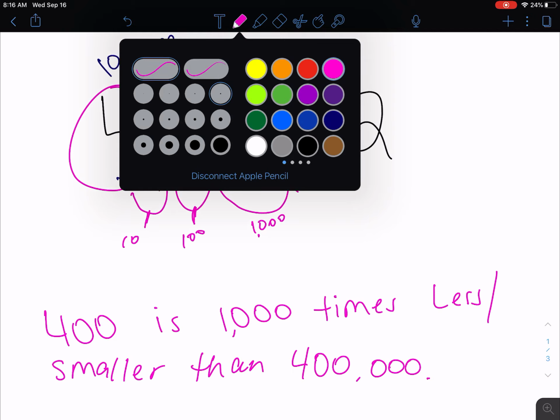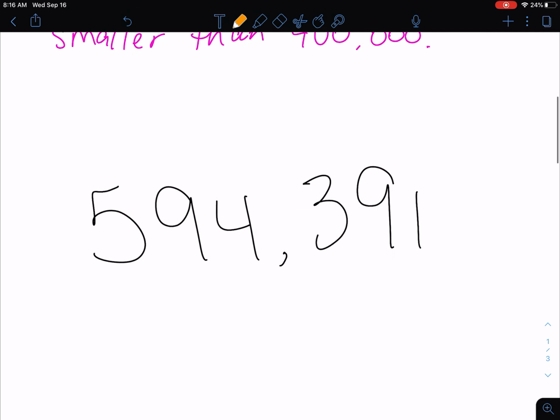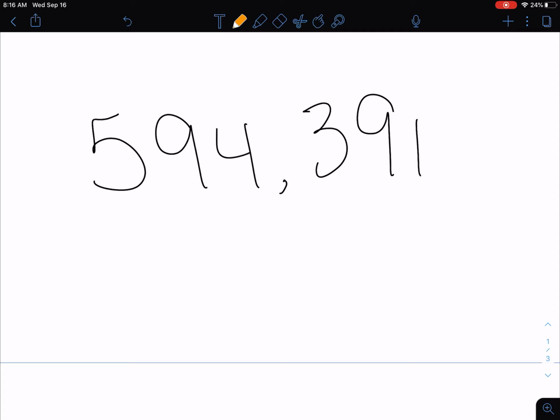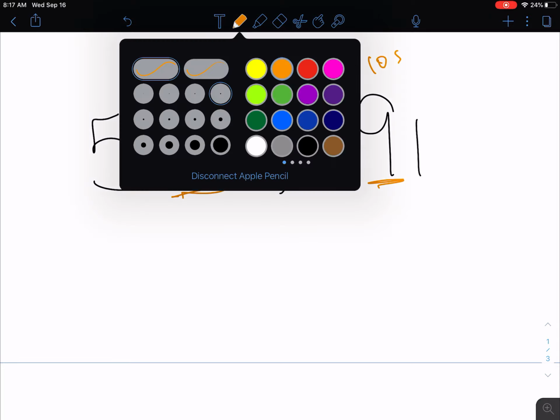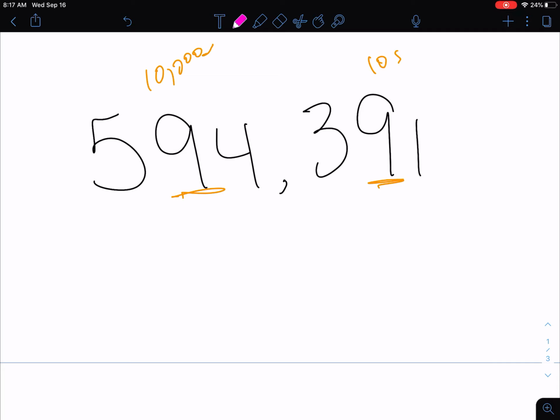Okay, and let's do another example. Now number 594,391, we're comparing our 9s. So we have this 9 in the tens place, and we have this 9 in the 10,000s place. So we're just going to use some pink because that's what's on the slideshow, and we are going to count our movements.